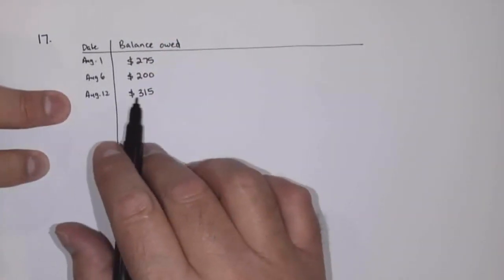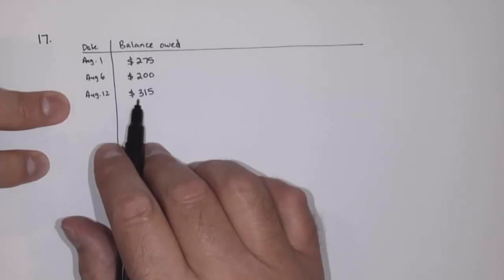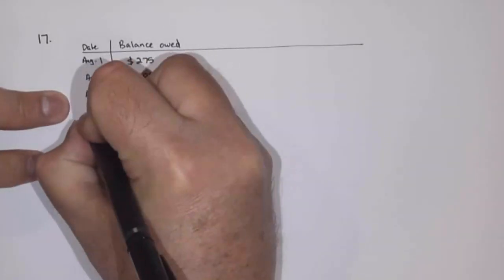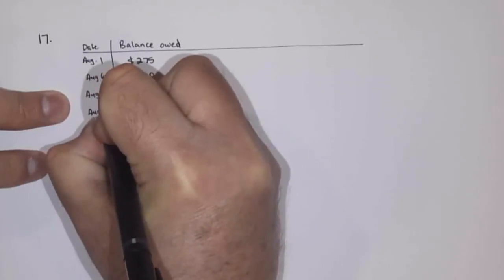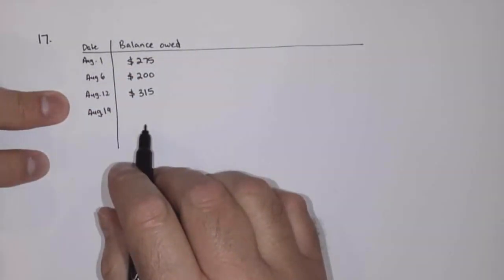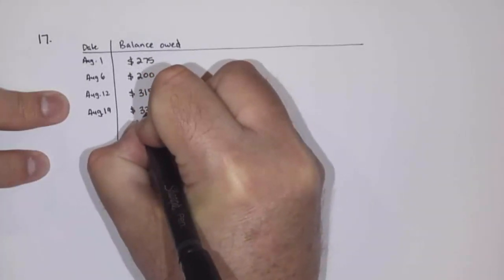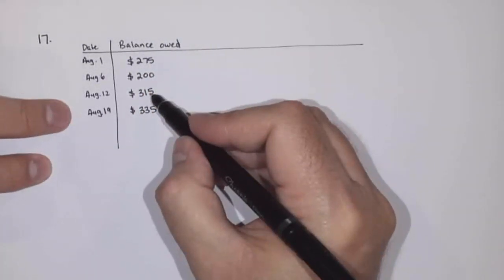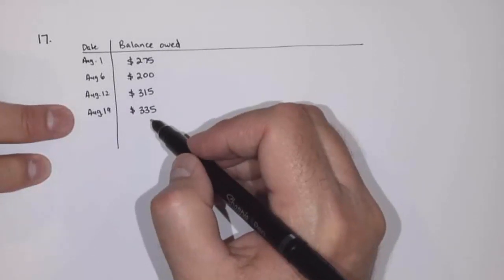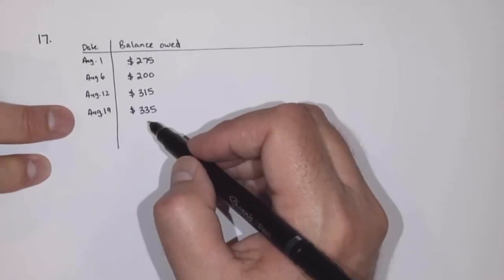It stayed $315 through August 18th, and then on August 19th, another charge was made for $20, so now the balance is $335 because now there's $20 more on that balance, and it stayed that through the 23rd.